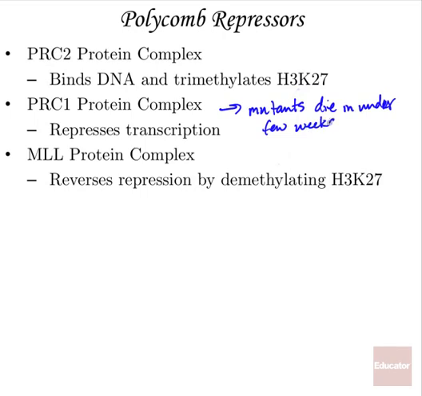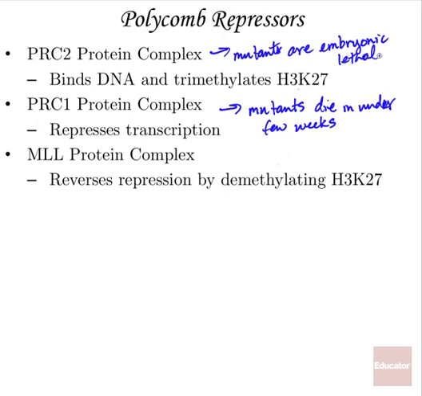Now, the PRC2 mutants are what are called embryonic lethal, meaning they never get born in the first place.